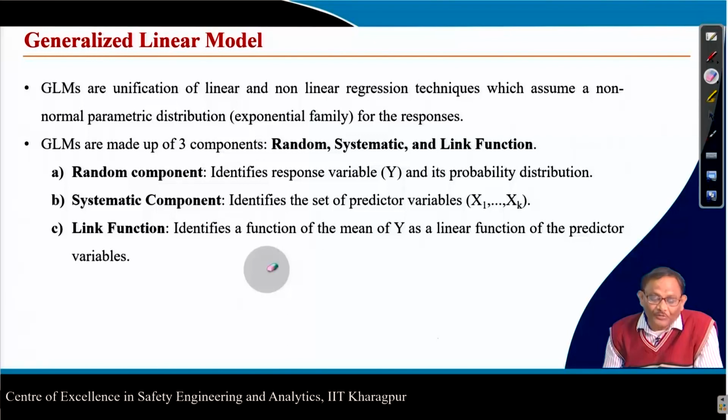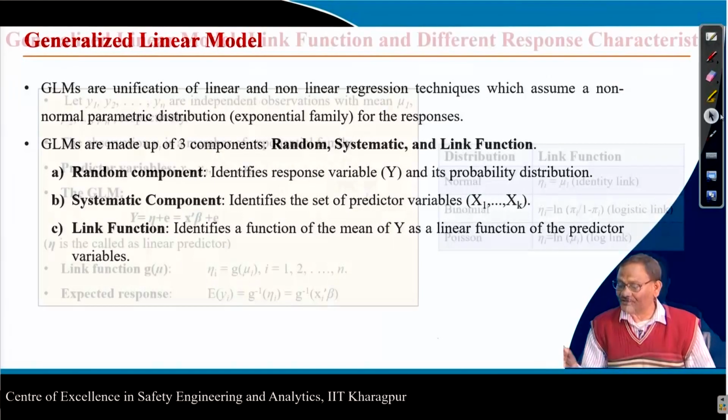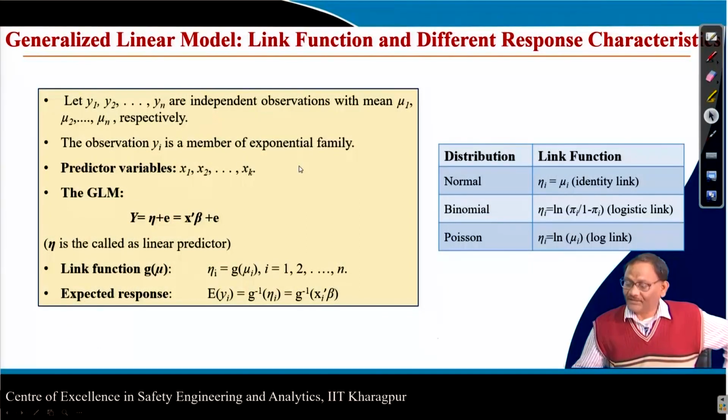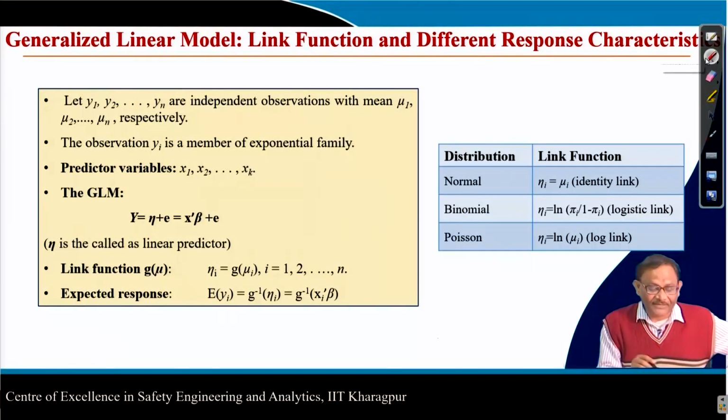So I will now show you one case of that, what this GLM model is, what the different components are, and how normal y and non-normal y can be captured with the generalized linear model concept. As I told you, y is the important part.